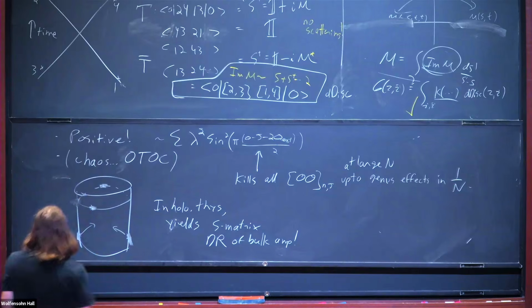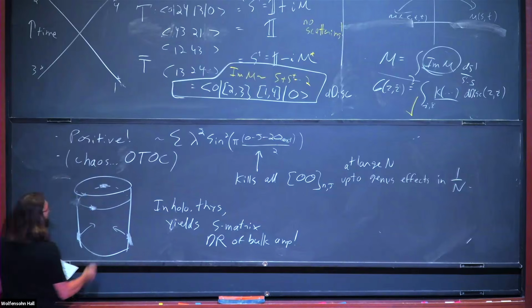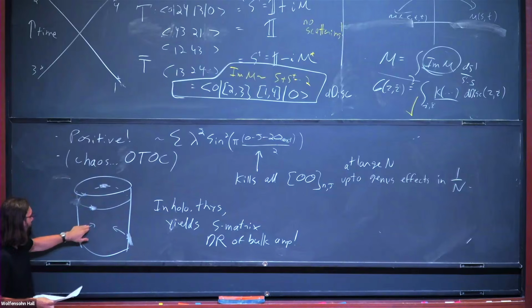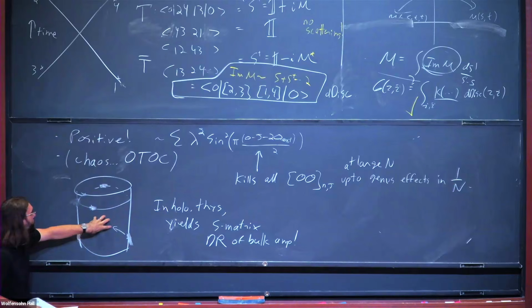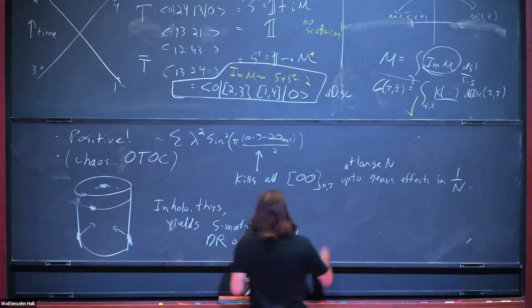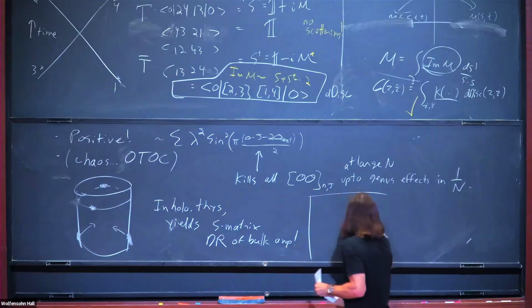And as such, it's been used, for example, to constrain things that would be very hard to do directly using the Euclidean crossing equation. You can try to use it to constrain the dynamics of the bulk theory. I will just mention one of the results obtained in this form.